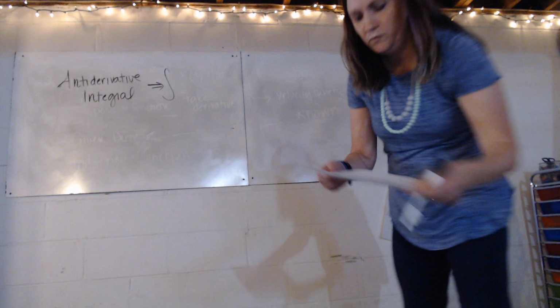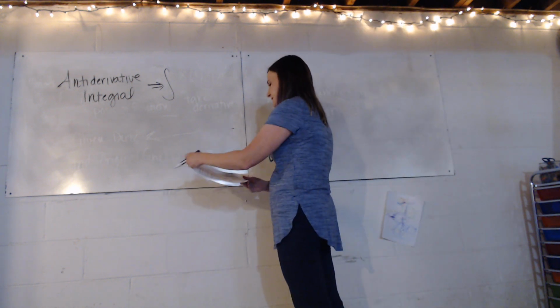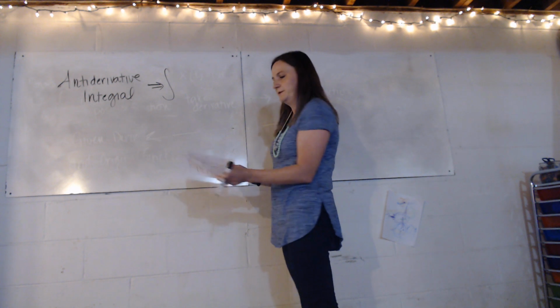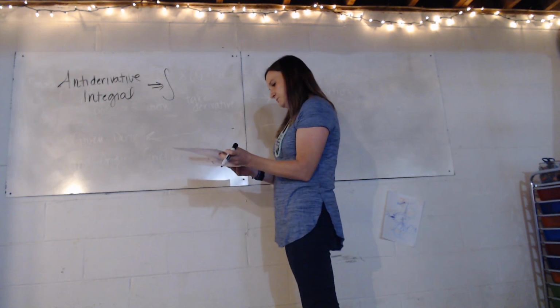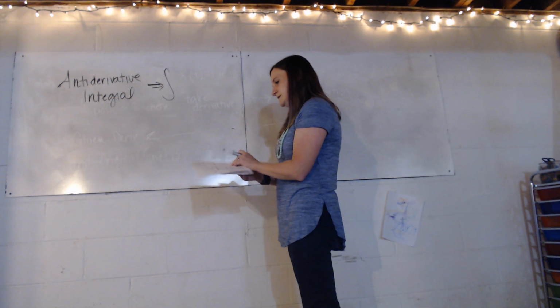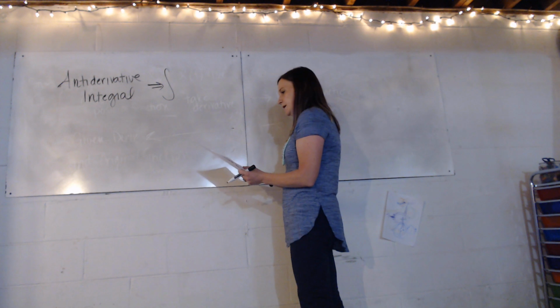I'm following along on the PowerPoint, so I use the same order, sorry, because sometimes I like to jump around. I need to explain the constant, which I will be doing later.